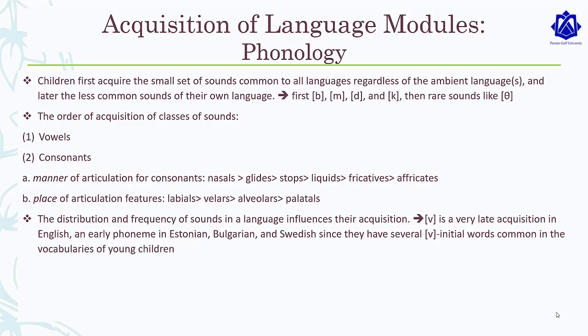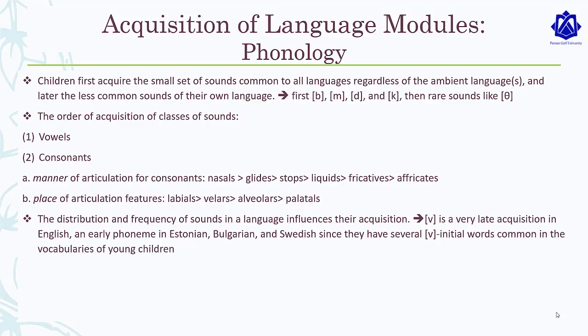Then come fricatives. Some of the fricatives are learned first, and as you will see later, it's also dependent on something else, that's frequency. And affricates are the last to be learned.